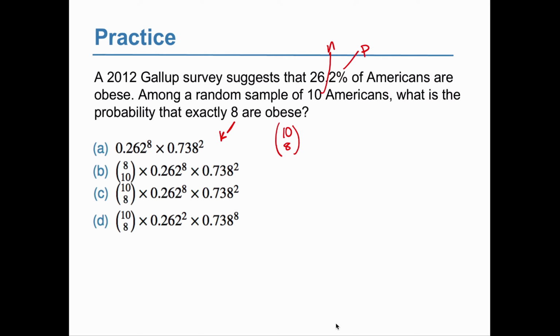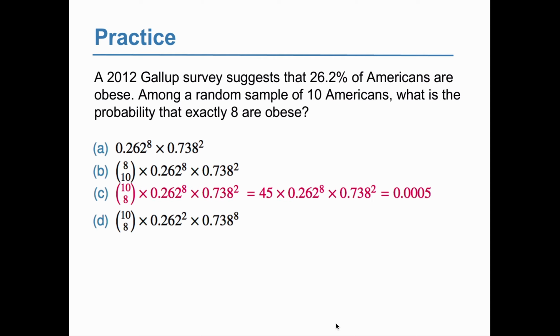Right? So 10 choose 8 times the probability of success, 0.262, to the number of successes, times 1 minus 0.262 to the number of failures. And it should be C.